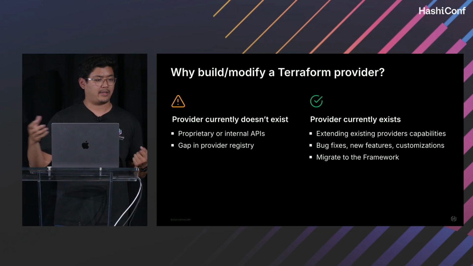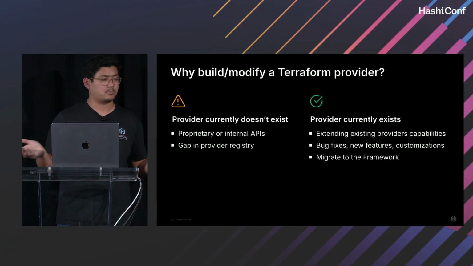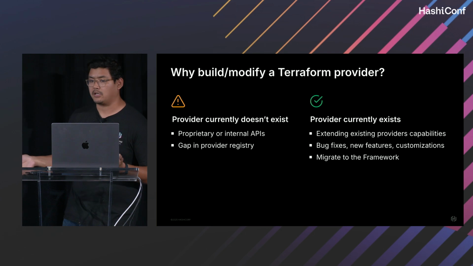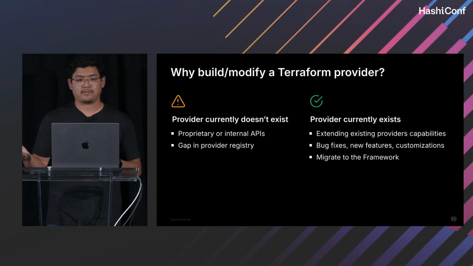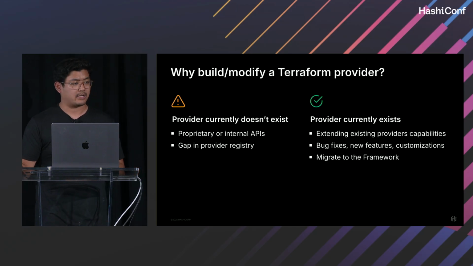So if they just pulled off the shelf, it just simply wouldn't work. So we went in, we modified it to authenticate with our protocols. That worked, and then because of that, we were able to start using a forked version of the VMware provider.